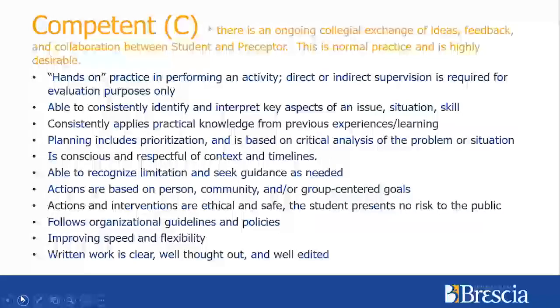Competent performance means a student is able to consistently identify and interpret key aspects of an issue, a situation, or to perform a skill. Intervention on the part of the preceptor is required for coaching only. Your direct presence as a preceptor is not required to ensure safe practice.